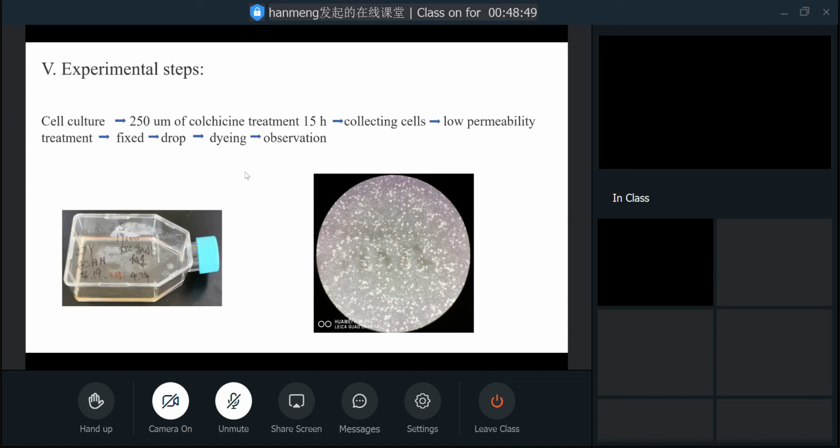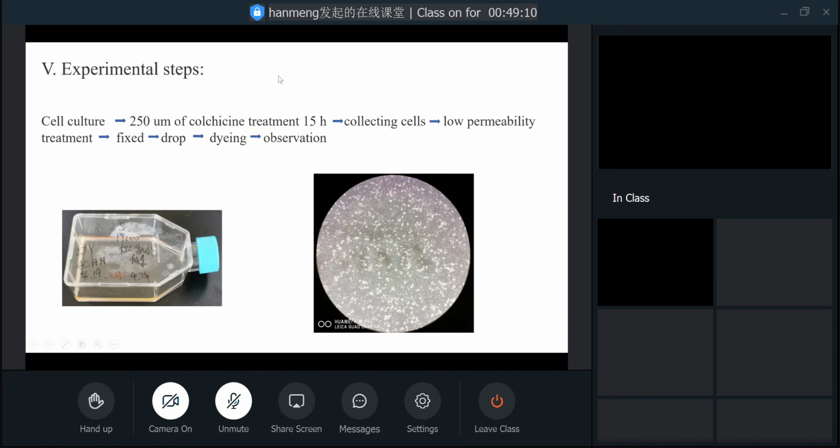I just took some pictures. But later I will show you a link, and then you can learn some other knowledge of this experiment on the internet.